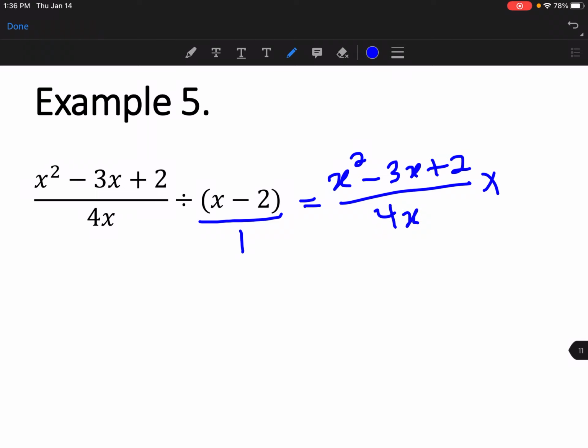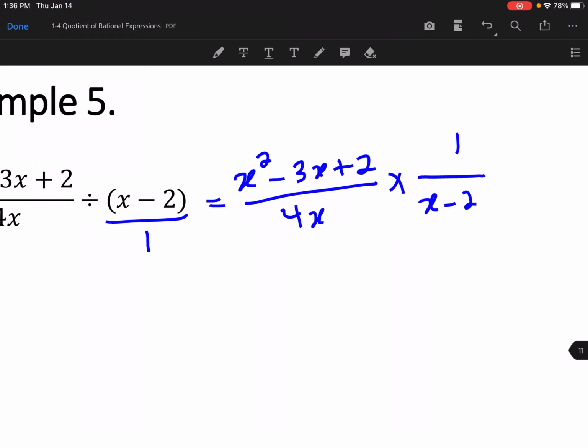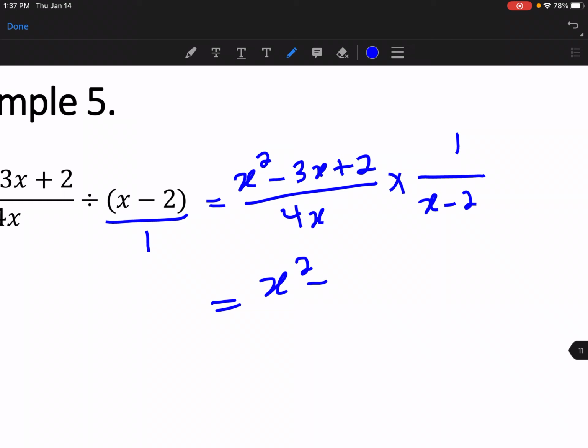Change my division to multiplication. Flip that to 1 over x minus 2.